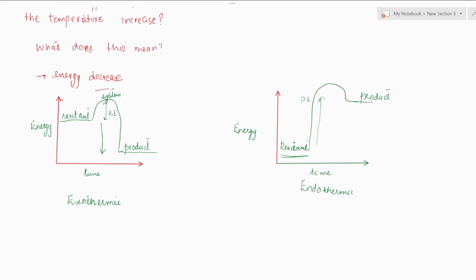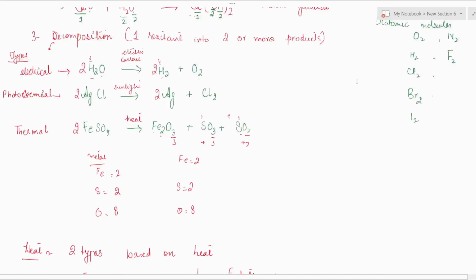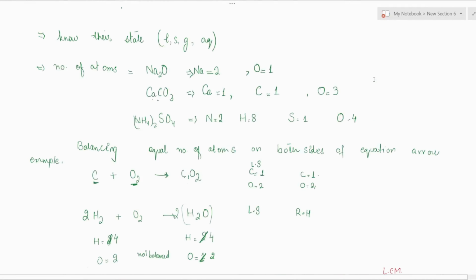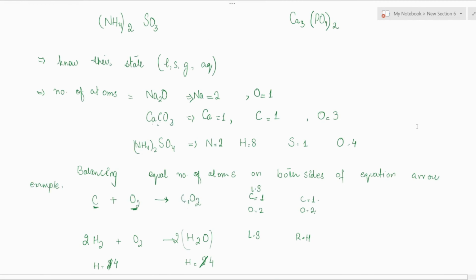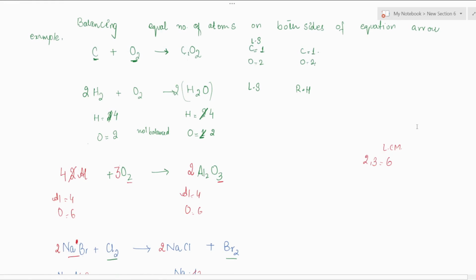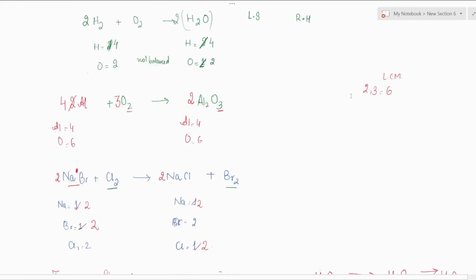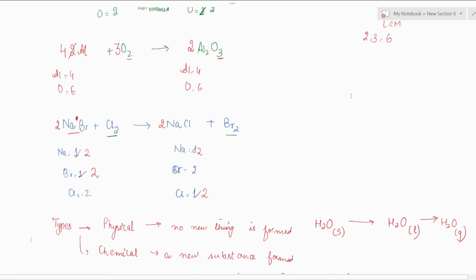Okay? So what we have done today, we have learned how to calculate the number of atoms. I'll share the PDF with you. Then we tried to learn the balancing of equations by applying the simple rules. We haven't practiced the difficult ones, just the simple ones.